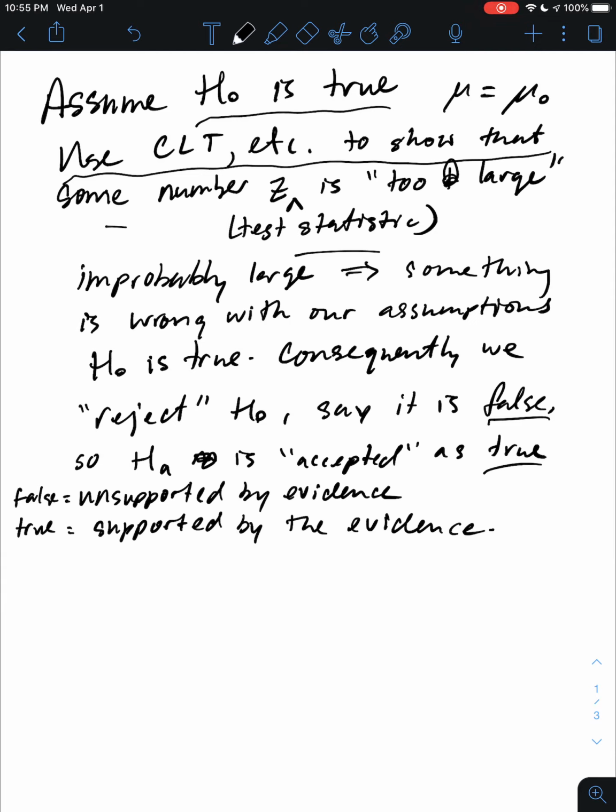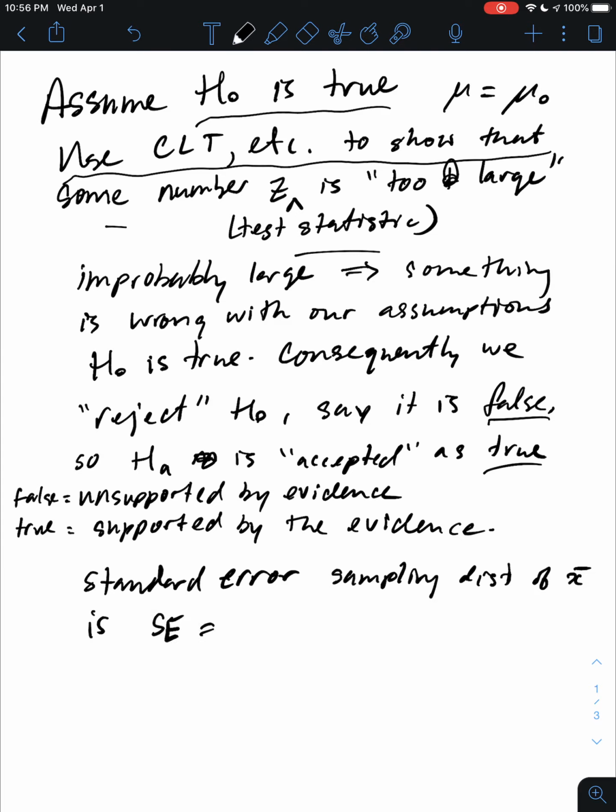Now let's look at all the details of formulas. So the standard error of the sampling distribution is the usual formula. We've studied this in chapters 7 and 8, so it should be pretty familiar to us now. The standard error is s over the square root of n. That's an approximation because really it should be sigma over the square root of n, but we don't know sigma.